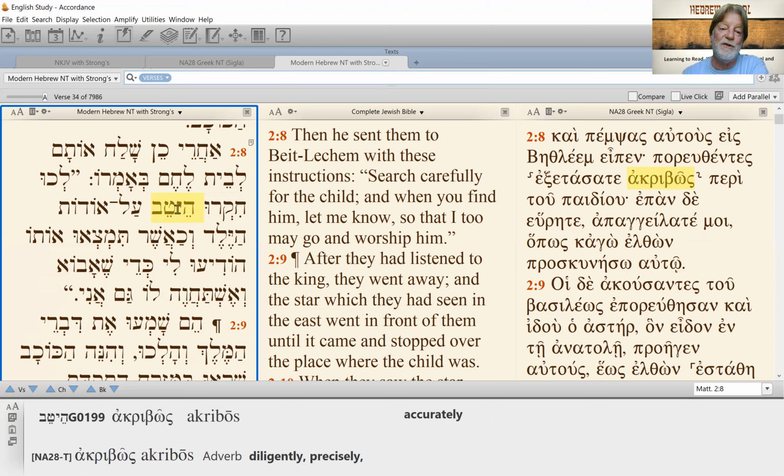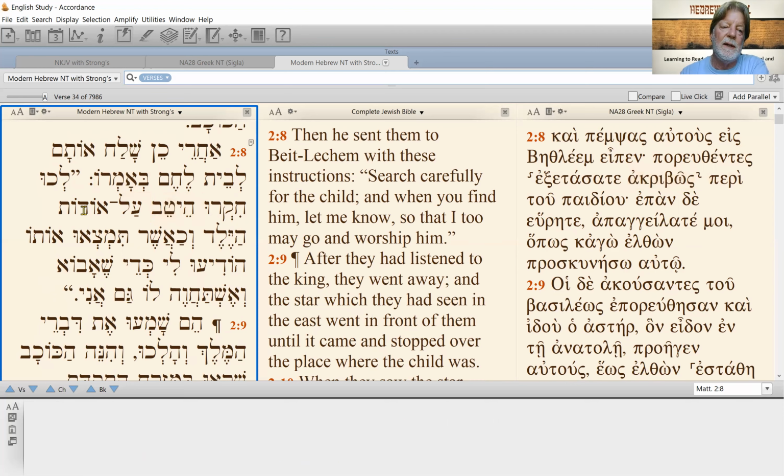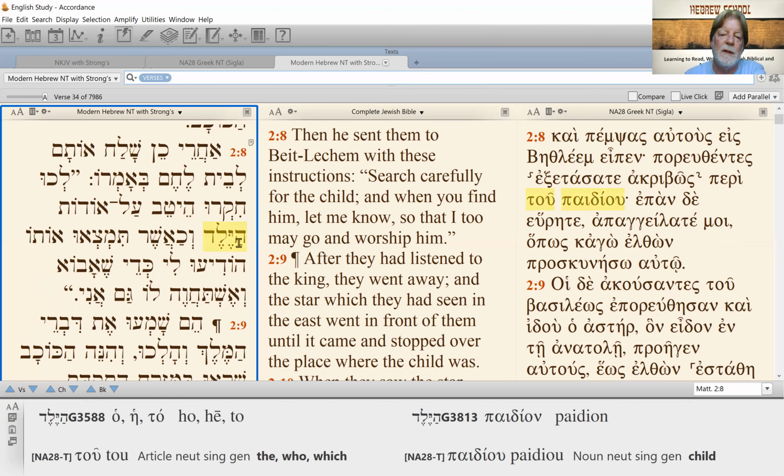Chetev means to do a good job of searching. Al odot, about. Odot would be about. Find out about Chayeled.